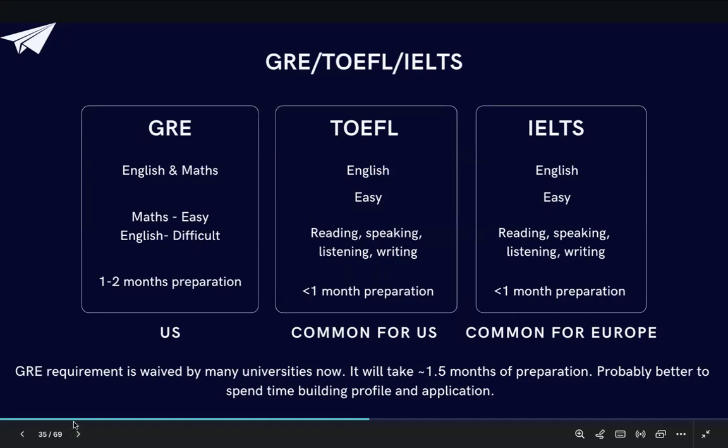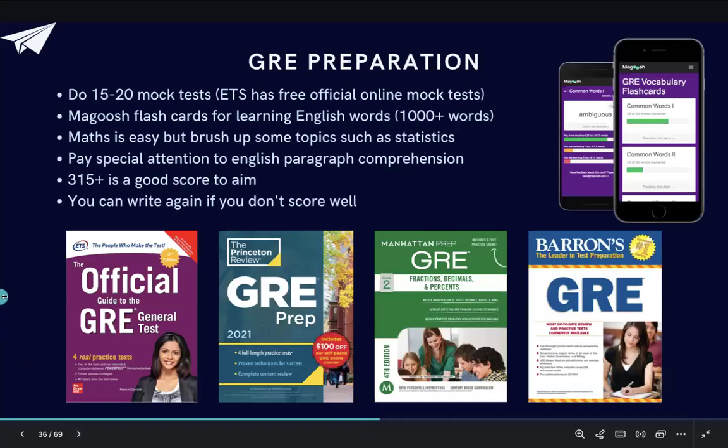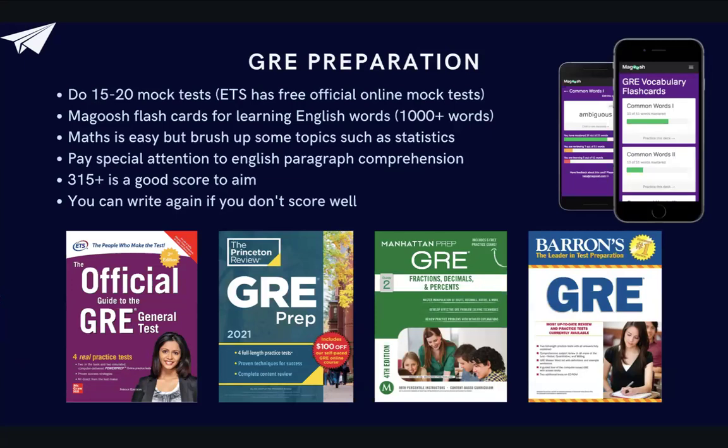So GRE is a bit difficult to prepare, right? And it will take more preparation time. And we generally encourage students to spend that time on working on the research profile. Okay, but in case you decide to give GRE, these are the few things that we have prepared for you so that you can access this material.